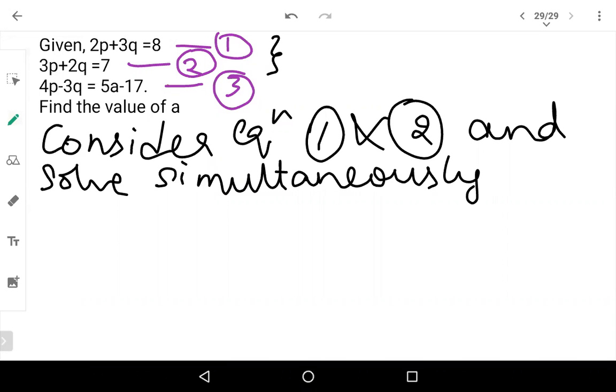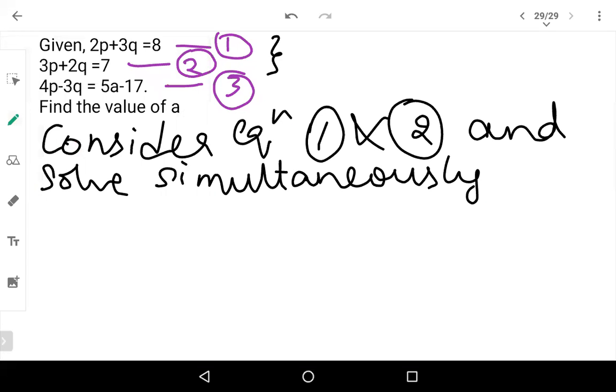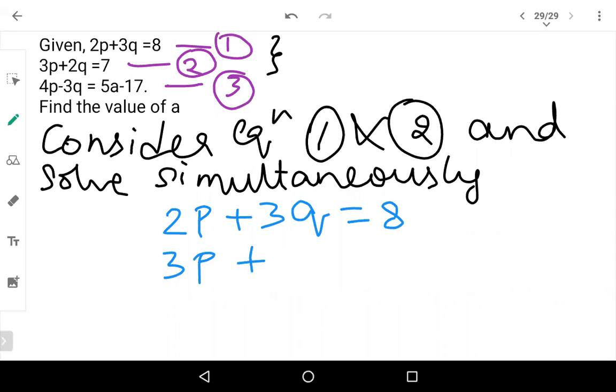Okay, so we are going to take equation 1, that is 2p plus 3q is equal to 8 and 3p plus 2q is equal to 7. Okay, so these are the two equations. Now for these two equations, how am I supposed to equate them?